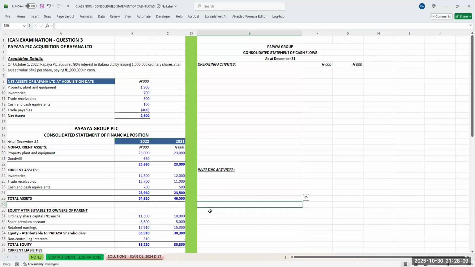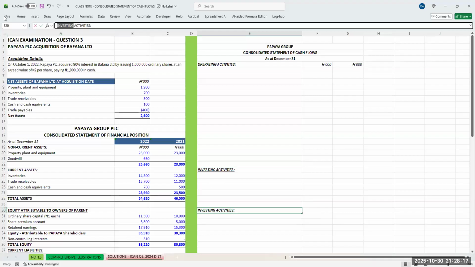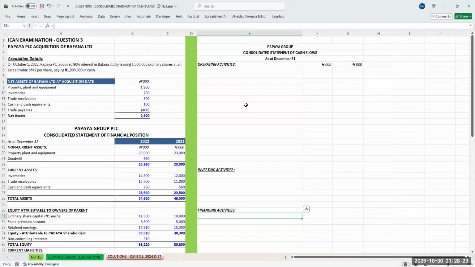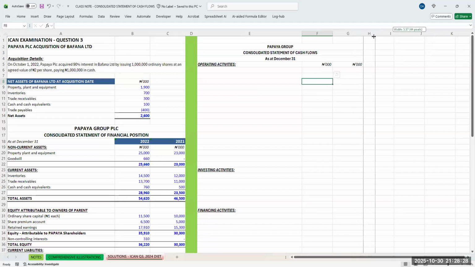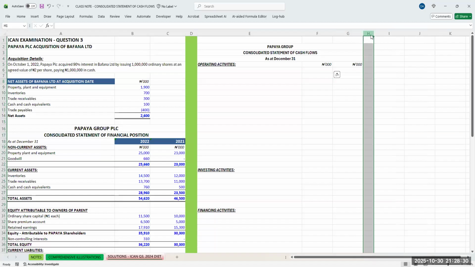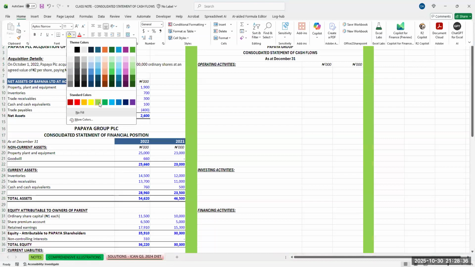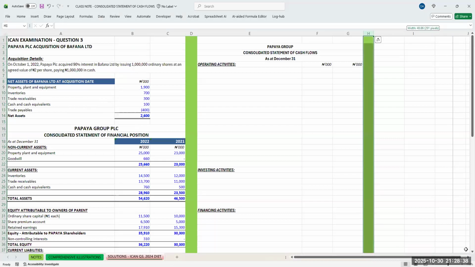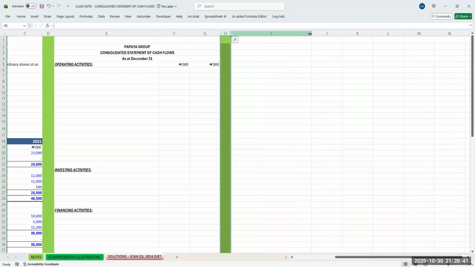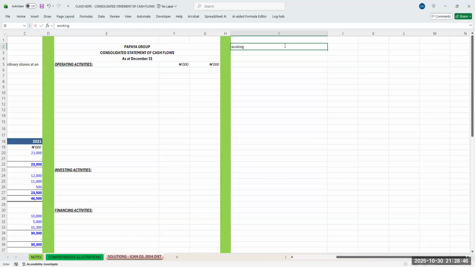And somewhere here, I have my financing activities. Now, I'll build up my workings on the other side, on my right-hand side. My right-hand side will be for my workings. Working notes.